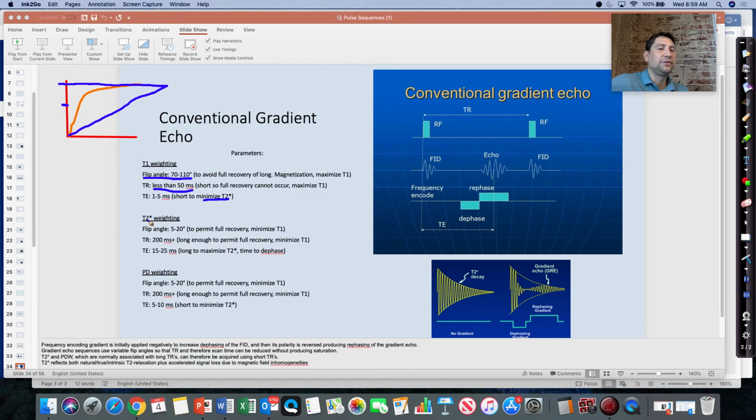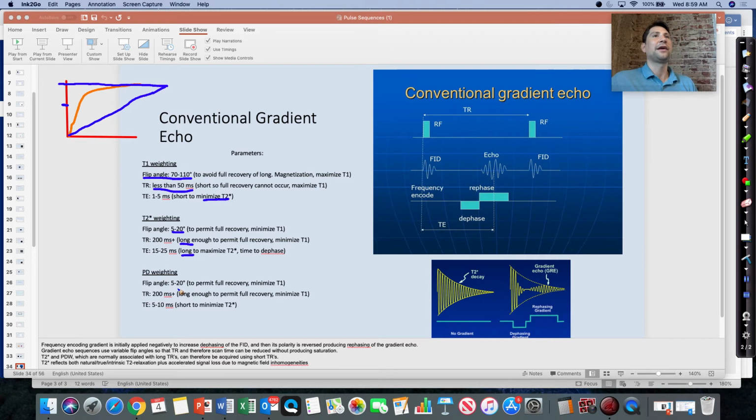If we need T2 star weighting, we almost do the opposite for our flip angle. Now we have a short flip angle and we have a long TR and a long TE. But just notice the times, because they're different from your spin echoes. They're a lot shorter in general. And then proton density, remember, we're just concerned with the hydrogen spins within the tissue.